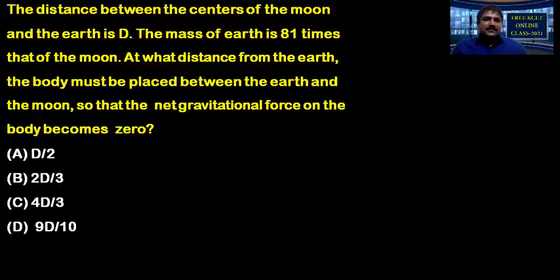Here there is a mass placed between the earth and the moon, and the separation between the moon and the earth is D. And one more point is given, mass of earth is 81 times that of moon, and we have to find where to keep that mass so that the net gravitational force on that body becomes 0.